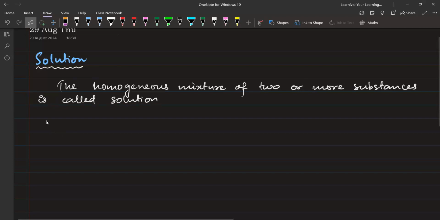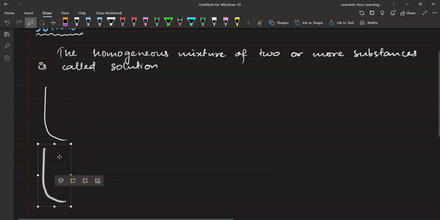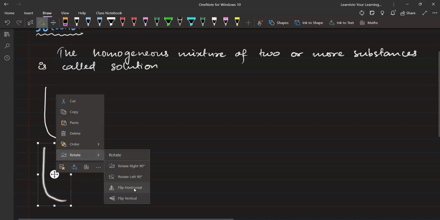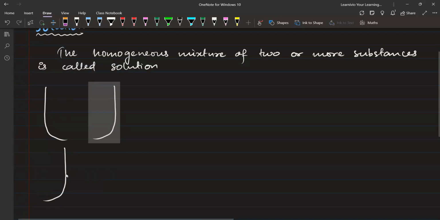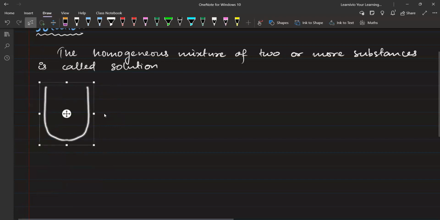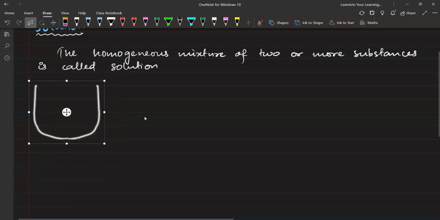So whenever we are going to mix something, there will be something which is known as solvent. There will be something which is known as solute. And generally, we are going to take a binary solution in class 11 as well as in 12. Sometimes we are not going to ignore solutions which are more than binary, but for sure we are going to mostly talk about binary solutions.